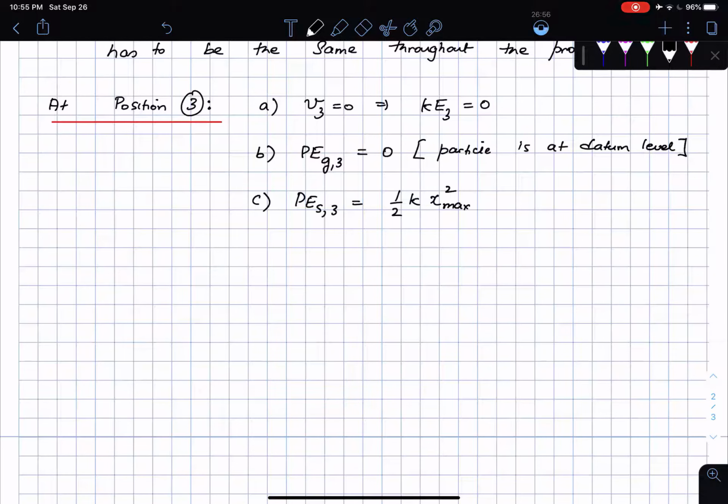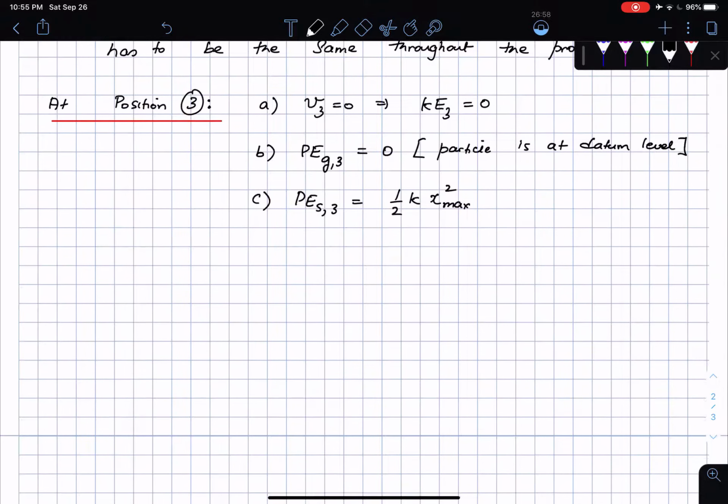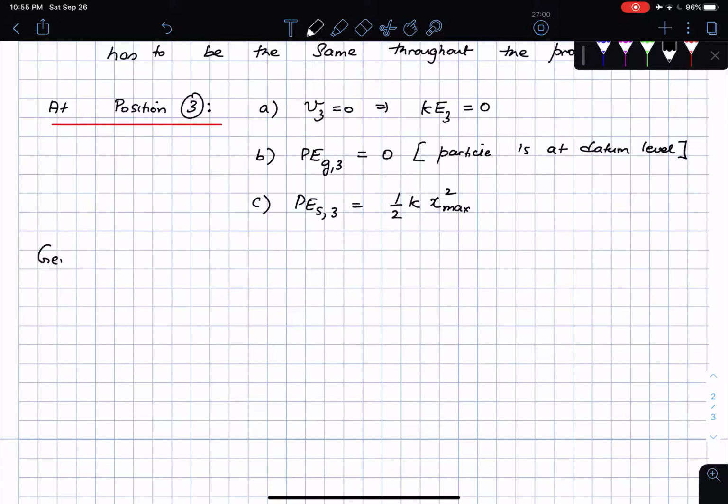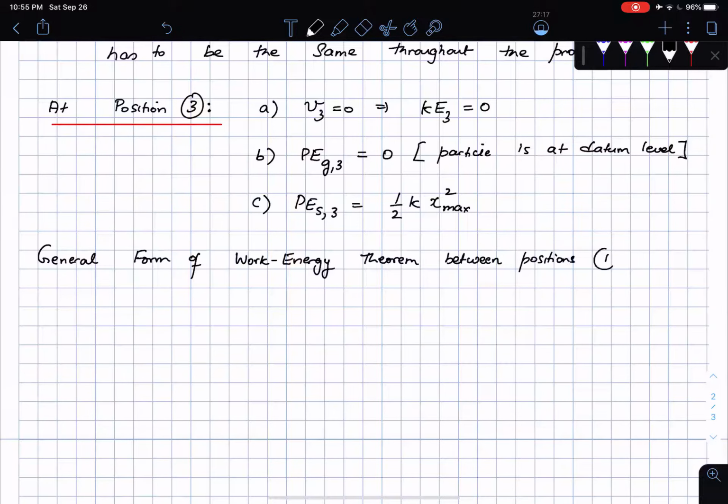Then I write the general form of the work energy theorem between positions 1 and 3.